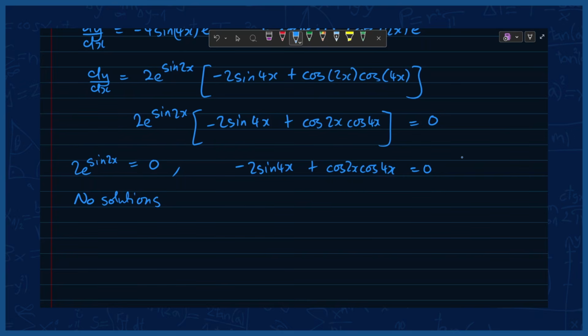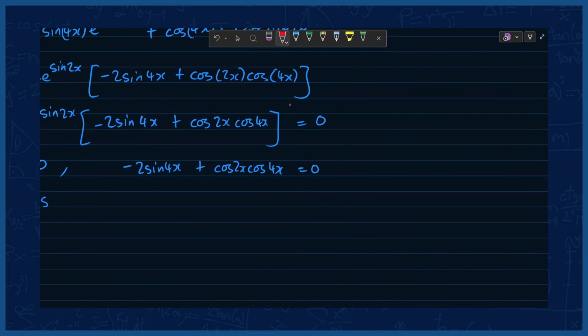And here what we can do is we can use the double angle formula for sine. We know that if we go to the MF19, we get something to the effect of sine 2x is 2 sine x cos x, right? But this is a double angle formula, and the essence of a double angle formula is that the angle on the left is double the angle on the right.